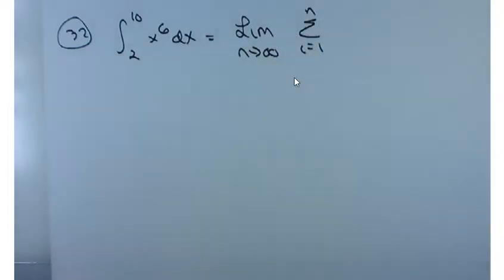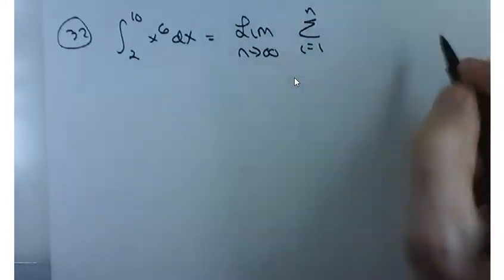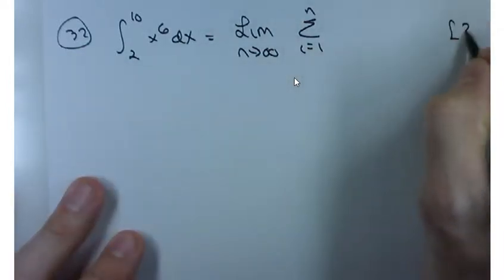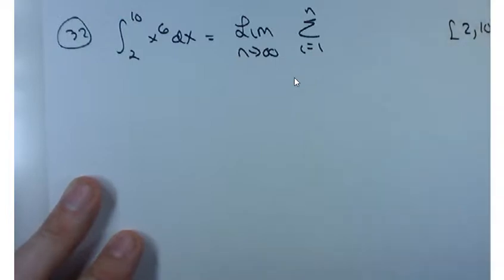See if you can fill in the rest. i equals 1, but it's going to be over the interval from 2 to 10. So we put that in there.